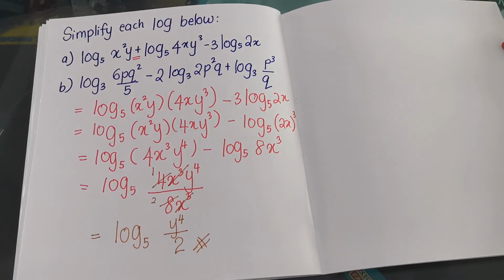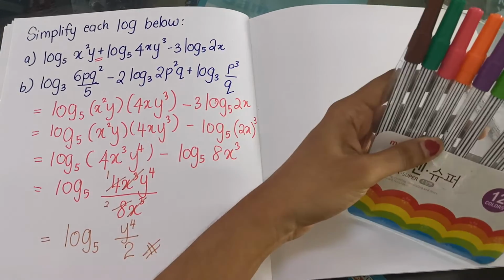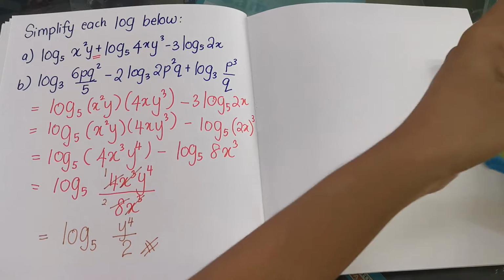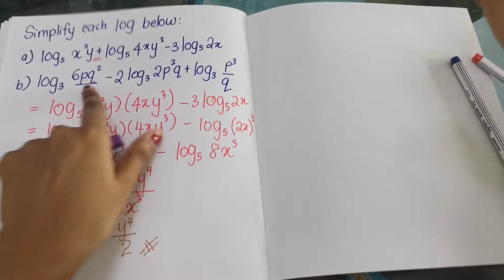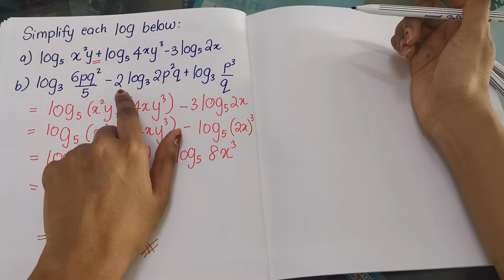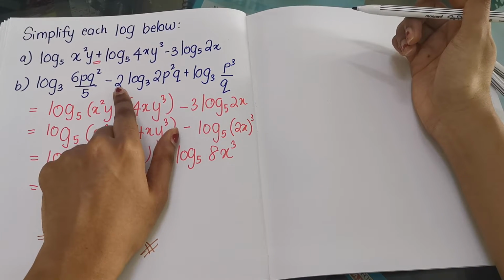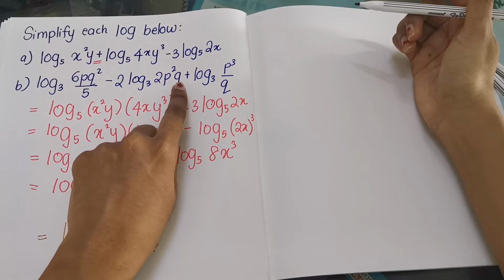Now let's look at part B. For part B, we have everything in log base 3. First, here we can see there's a minus, but of course what I'm going to do is, if there's a number before the log, bring it over and make it the power.